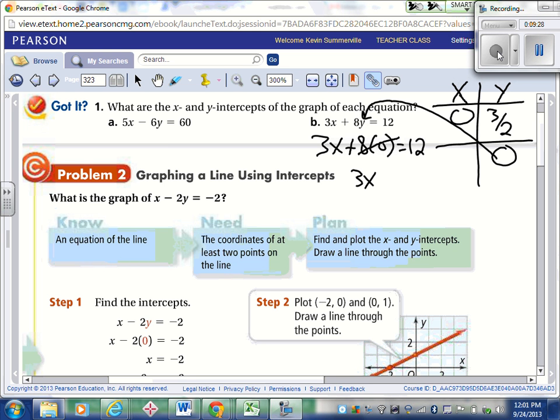And we're left with 3x equals 12. We have a number next to a letter, so I have to divide both sides by 3. And we get x equals 4. So now we have a chart that has our x-intercept is 4, and our y-intercept is 3 over 2.